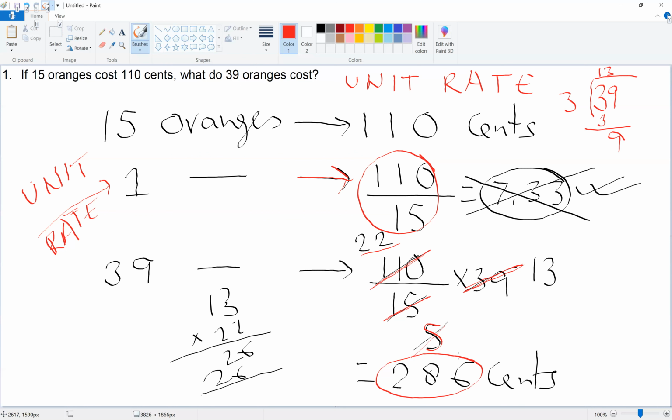Does that make sense? Yeah. What did you do for 110? You divided by 5. So Zion, your answer would have been 285.87 cents, which is not correct.